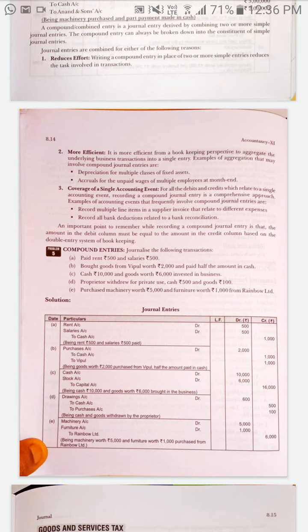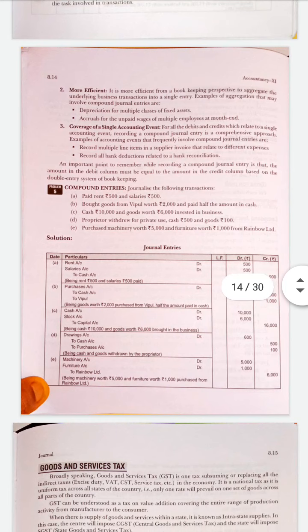Problem 5. Journalize the following transactions. See the first one. Paid rent 500 and salaries 500. So both are expenses. So see the journal entry. And here no date is mentioned in this sum, so no need to write the date. But you have to provide the columns. Put the heading, and the name of the concern is also not involved in this problem, so no need to write it.